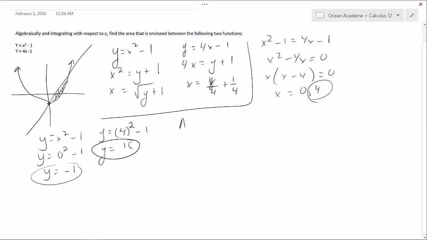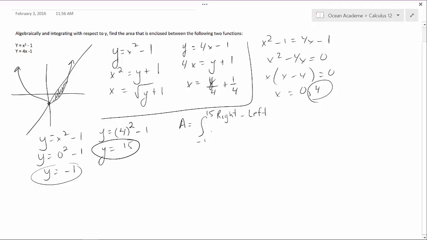So our area will have these limits, minus 1 and 15. And we'll have our curve that is to the right minus the one that's on the left.